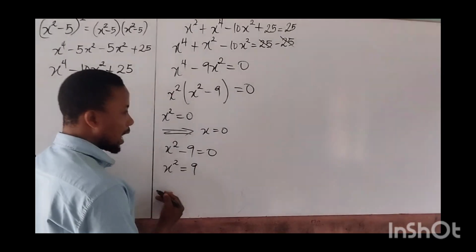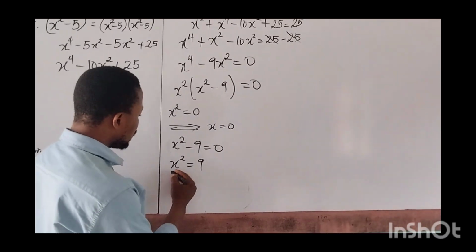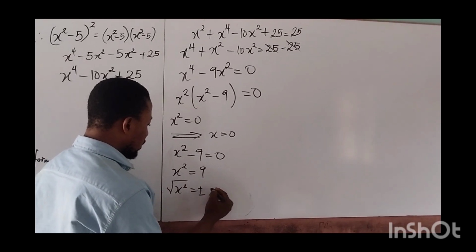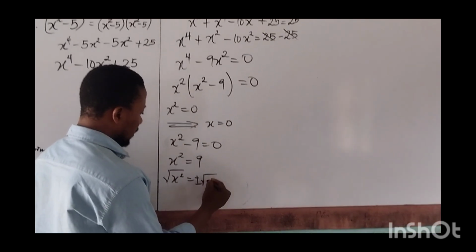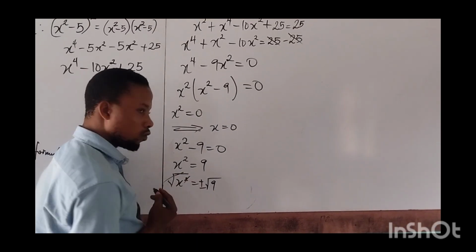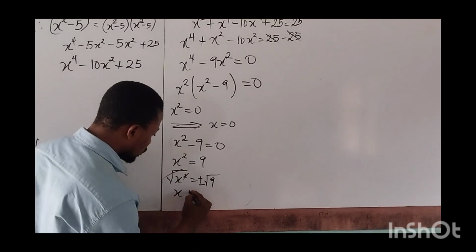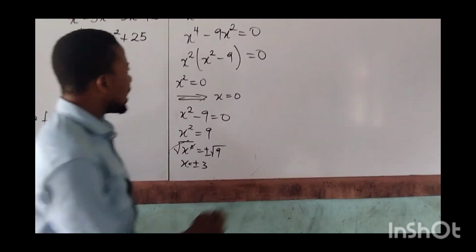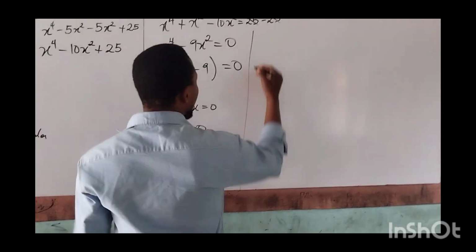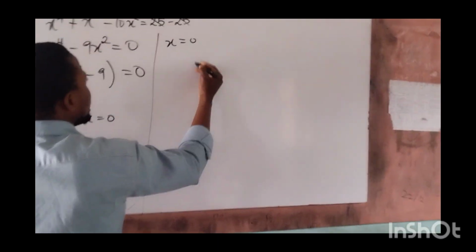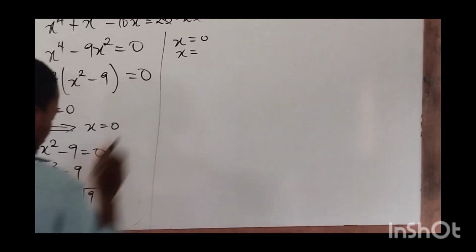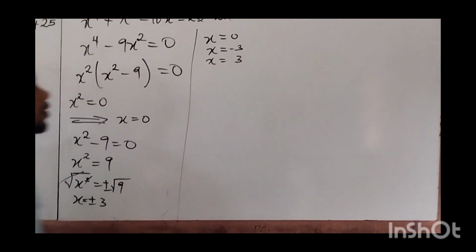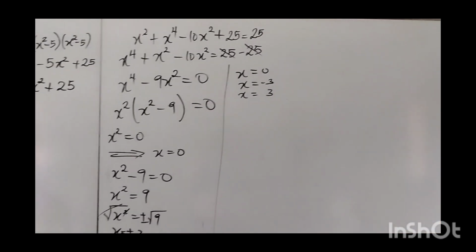If I square root both sides, I'm going to have x equal to plus or minus the square root of 9. Therefore, x is equal to plus or minus 3. So my x is now equal to 0, minus 3 and then 3. That is the value of my x.